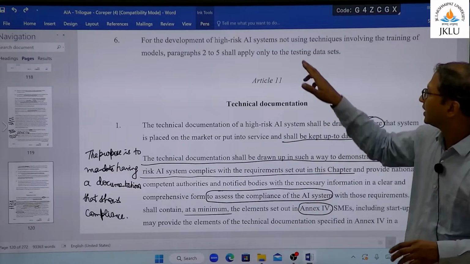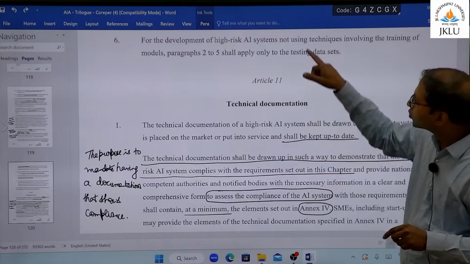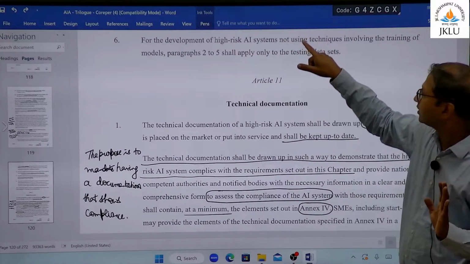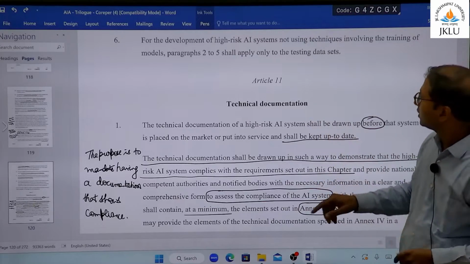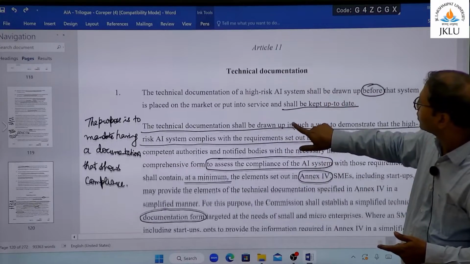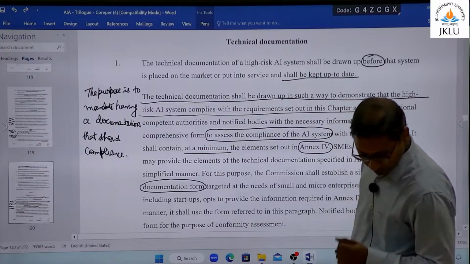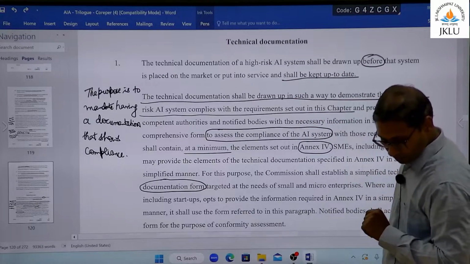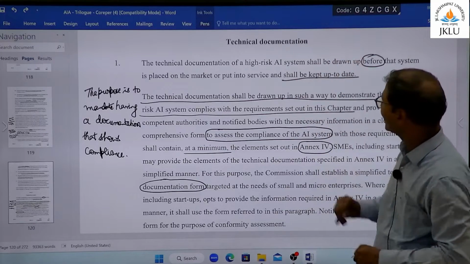Okay. By the way, this in practice is not happening in today's world. So most likely this will remain a dead letter, will not be invoked as such, but you don't know AI, right? We don't really know how fast this technology is evolving. I mean, we know how fast the technology is evolving, but we don't know what might happen in the future.